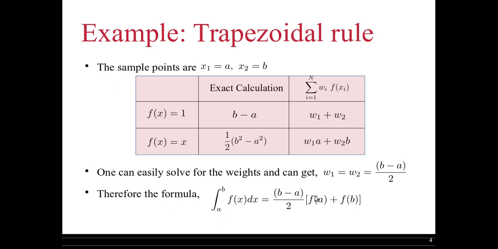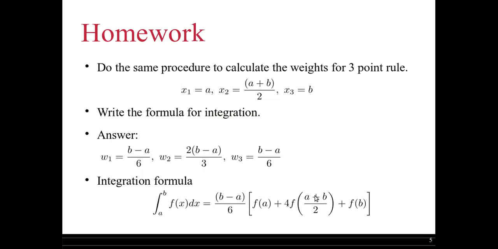Similarly, as homework, you can do the same procedure to calculate the weights for the 3-point rule. For the 3-point rule the equispaced points will be x1 equal to a, x2 equal to (a plus b) by 2, x3 equal to b, and just write the formula for the integration.